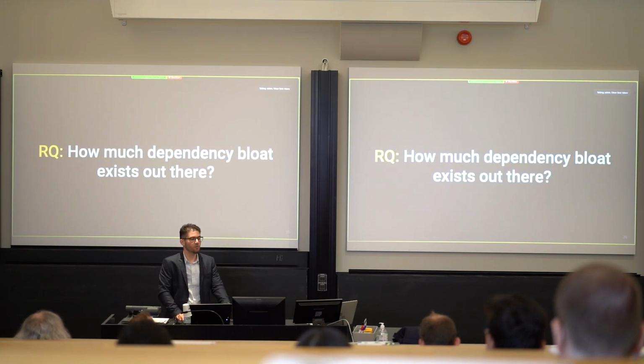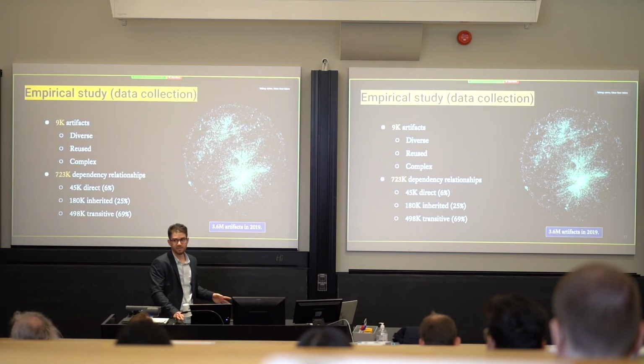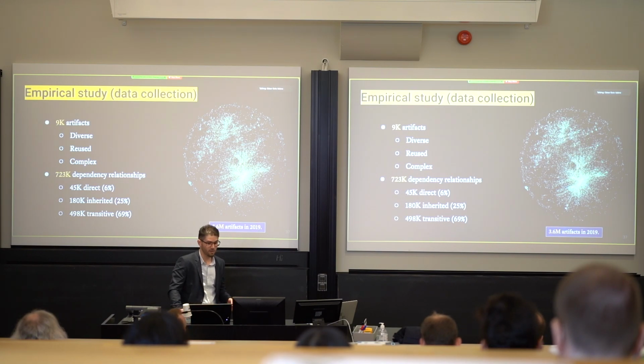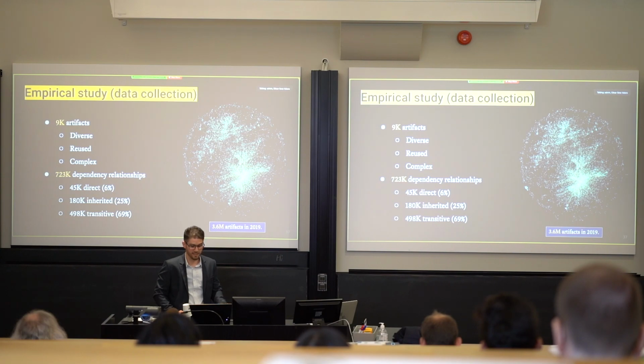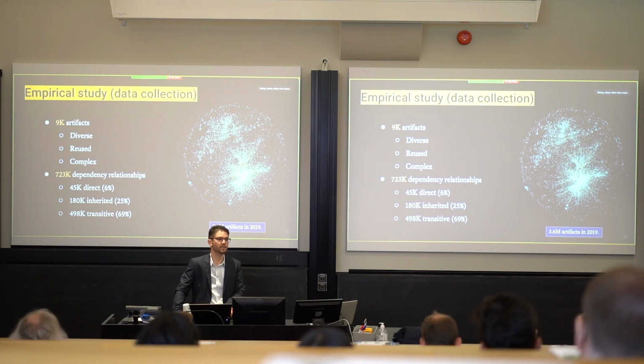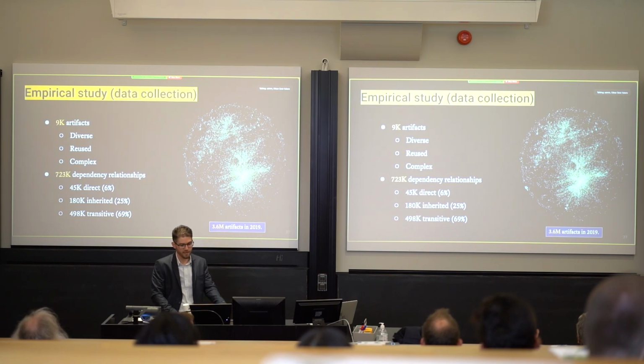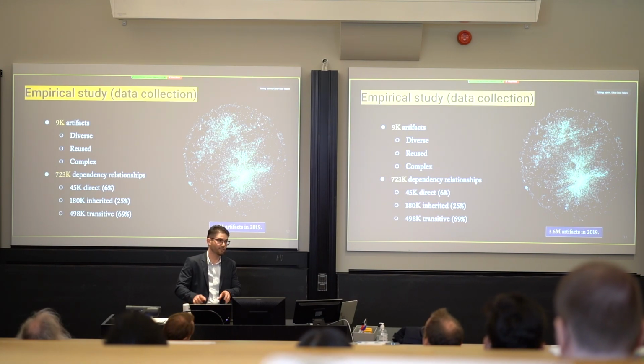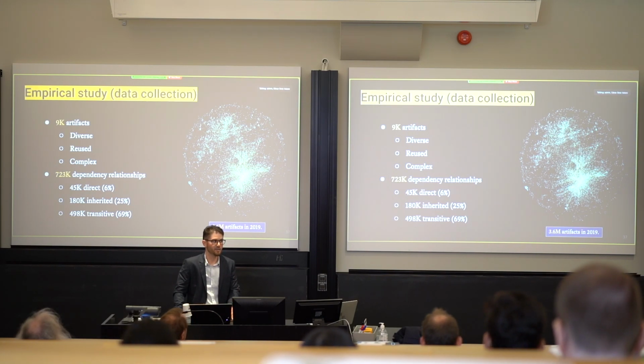So now the question is, how much dependency bloat exists out there? In order to answer this question, we performed an empirical study, really large scale, based on data that we collected in 2019 when we were doing a paper for the MSR data showcase, in which we built something that we call the Maven dependency graph, which is a graph of all the relationships between artifacts deployed in Maven Central.